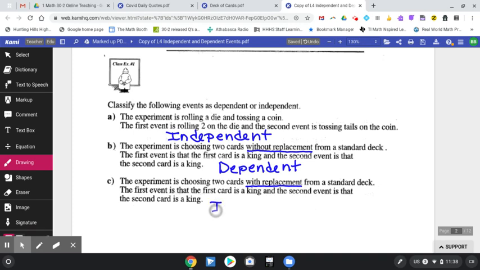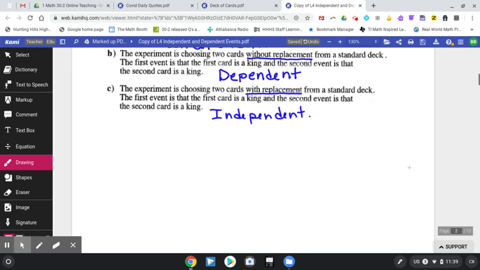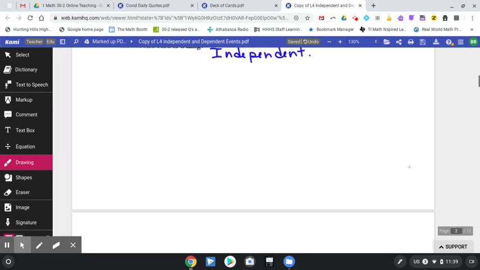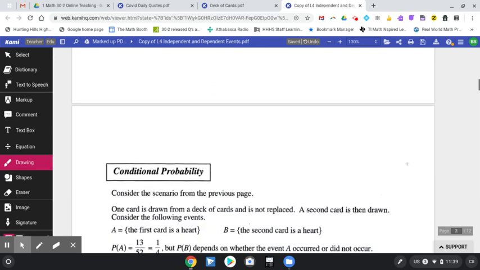Here we're looking at independent events, because the first card is returned to the deck, it means on the second draw, you're dealing with a full deck of cards. No cards are missing. So what happened on the first draw has no effect on the second draw.